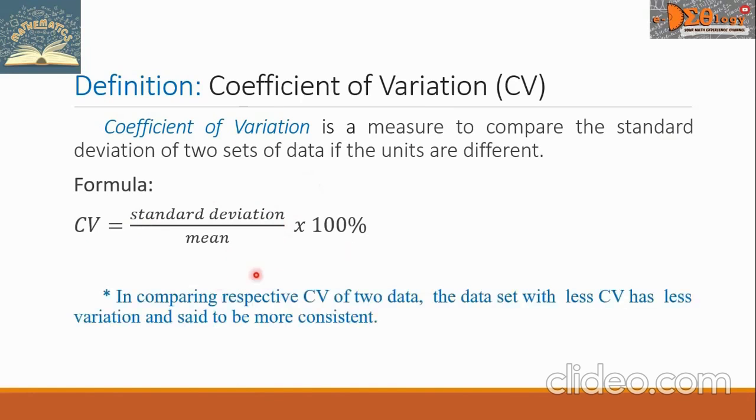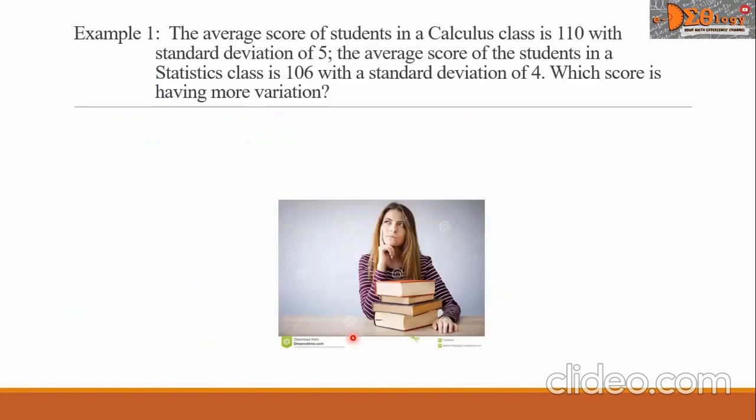In comparing respective coefficient of variation of two data, the data set with less coefficient of variation has less variation and is said to be more consistent. Let us see this example 1.